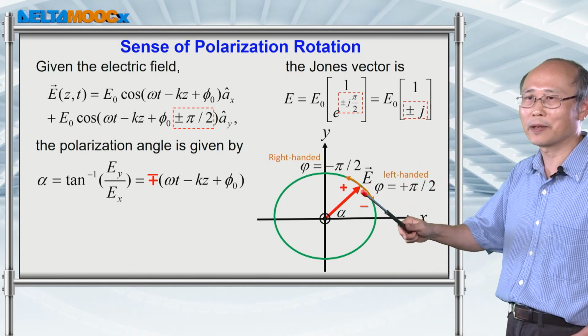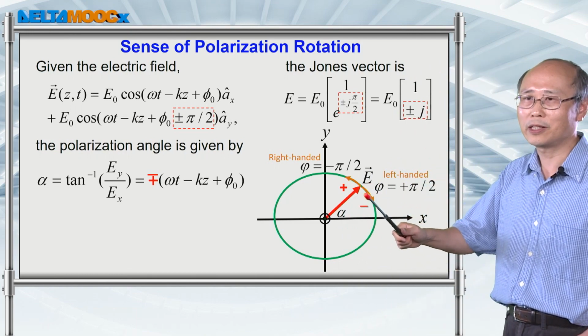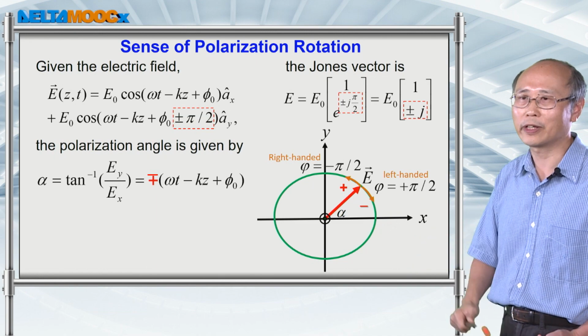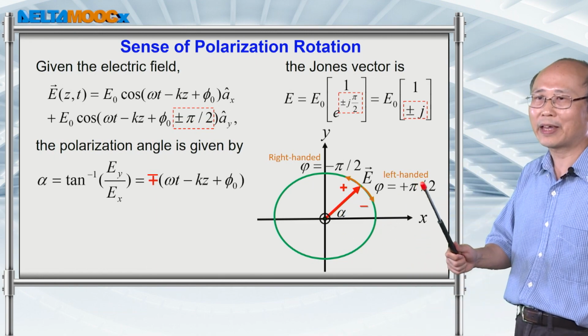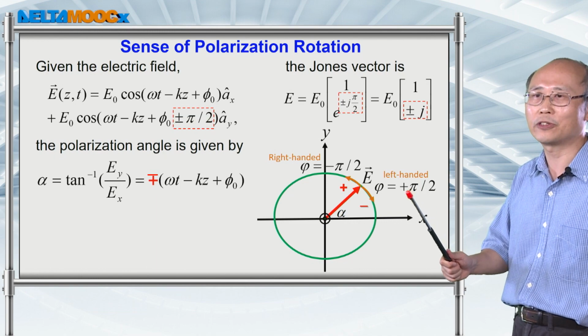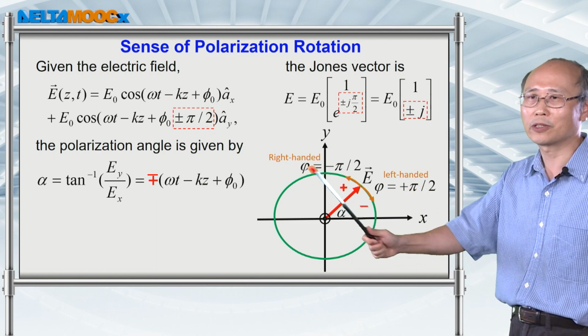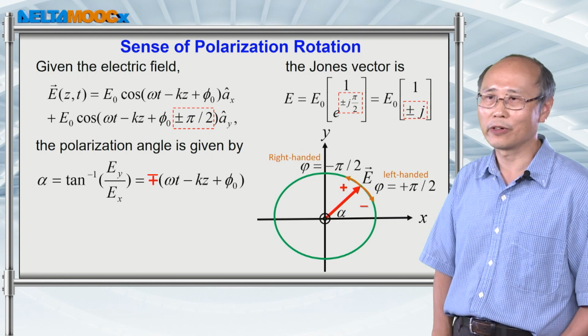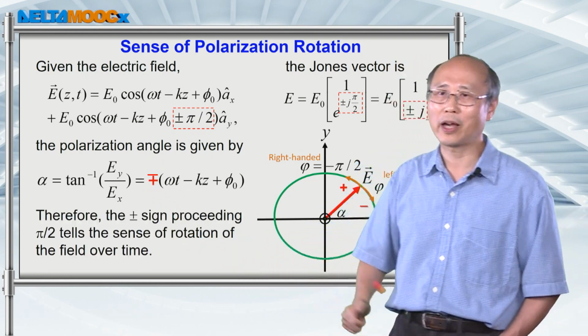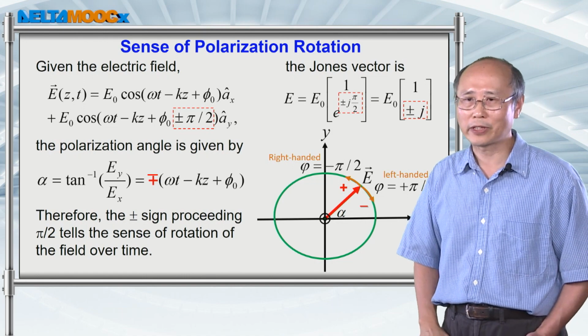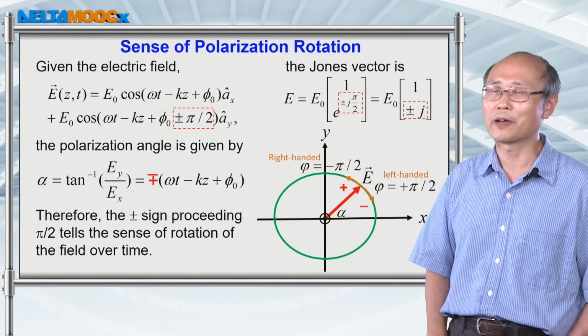So this means that the tip of this electric field is going to rotate along the clockwise direction. And we call this the left-handed circular polarization. And for this case, we call this right-handed circular polarization. So again, the plus minus sign will tell you the sense of rotation of the electric field over time.